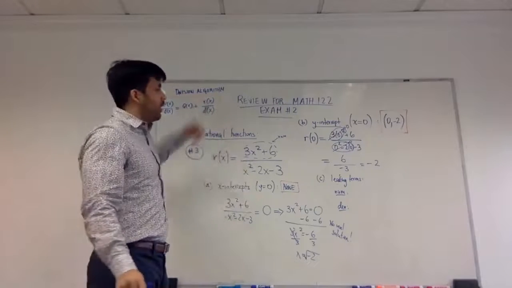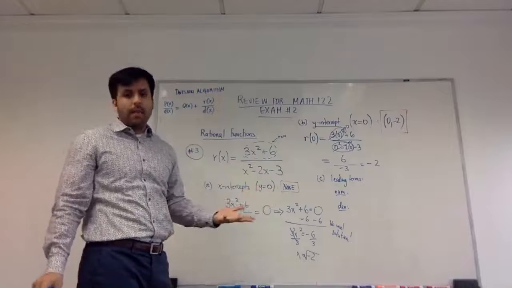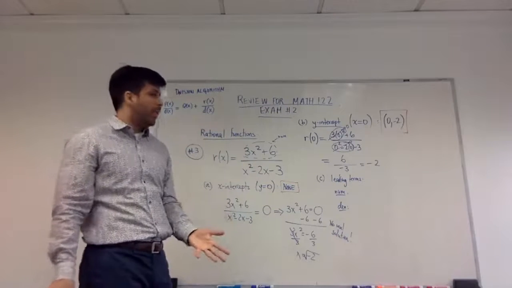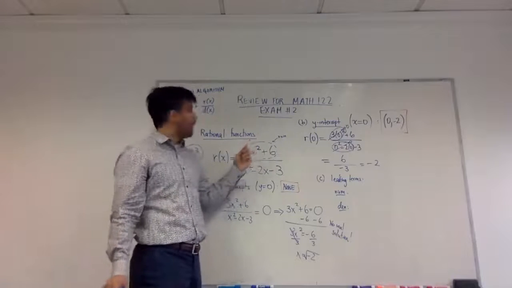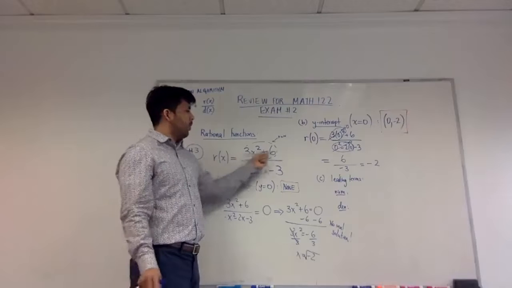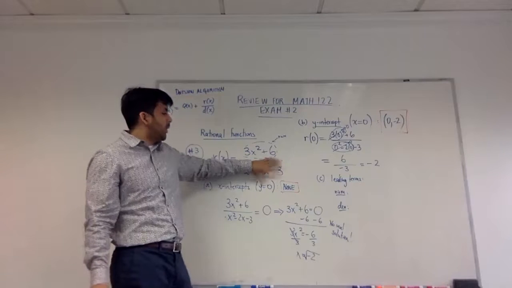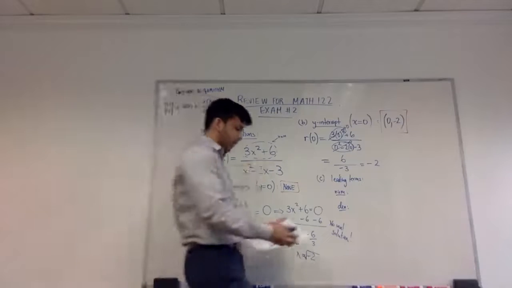Remember, rational functions are ratio of polynomials. And we know a lot about polynomials. We know how to figure out what the leading term is of a polynomial. And the leading term of a polynomial is the term associated with the highest exponent. So if we have this numerator here, we have a polynomial in the numerator. What's the leading term? Well, it's the term with the highest power, which is 2 here. So my leading term would have to be 3x squared.